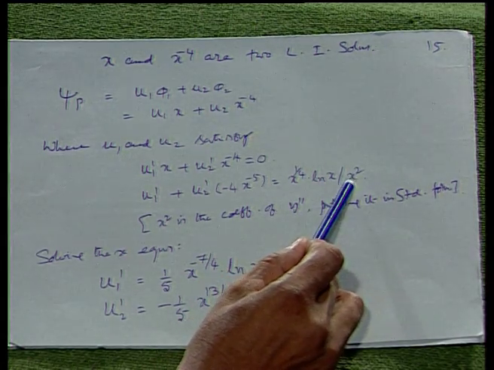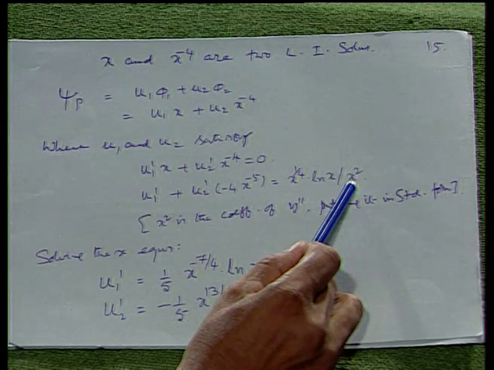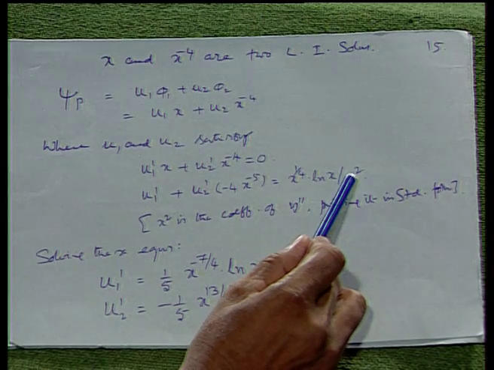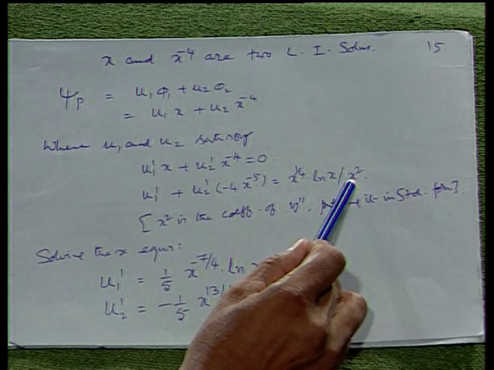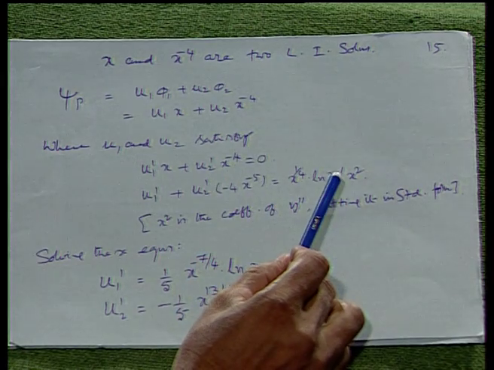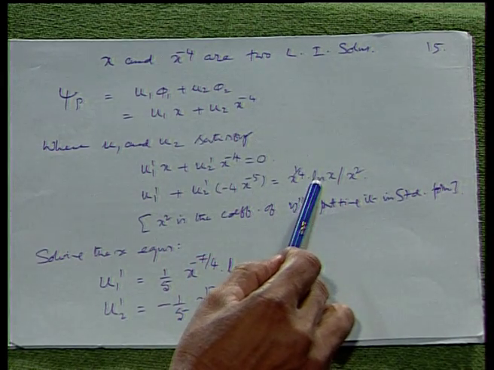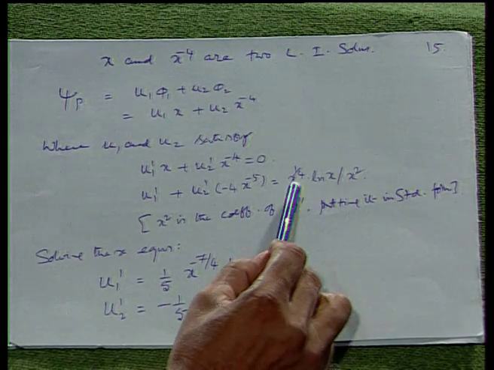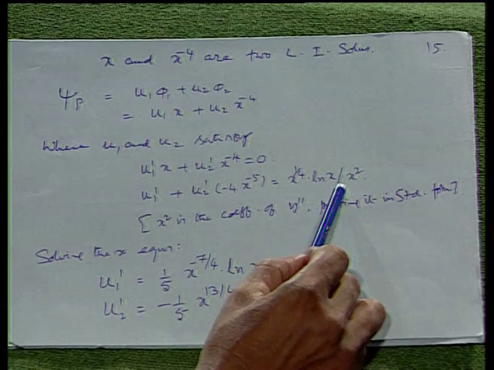But the denominator is also there, because in the given differential equation the coefficient of the second derivative y double dash is x square, and we assume it to be in the standard form y double dash plus a1x plus etc. Hence, we have to divide the given differential equation with x square.